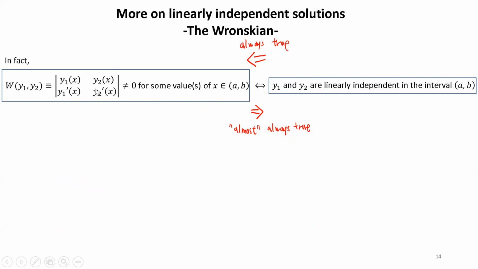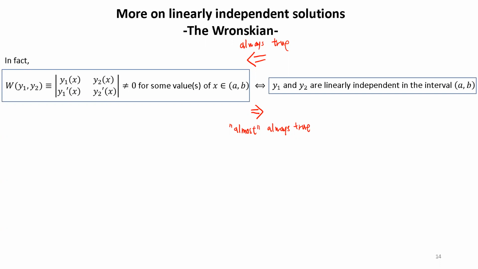Now, indeed, for these two functions only, practically the Wronskian is not really that useful. However, later we'll say a little bit about higher order ODEs, where we will deal with more than two linearly independent functions.